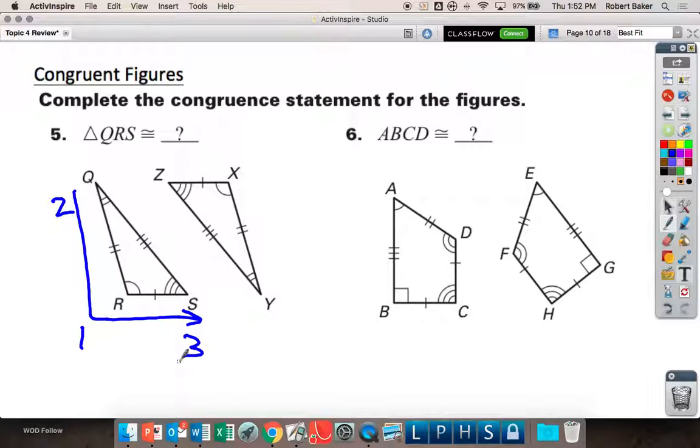So how do you have to write the next statement? That is the only way to mark it. The order really matters there. So I'll let you try number 6 by yourselves. That way you can have a little bit of independent practice on that one.